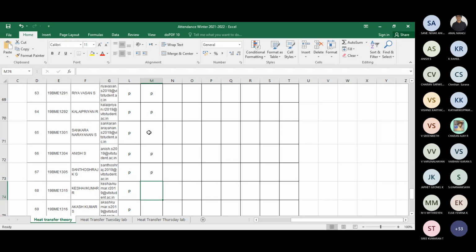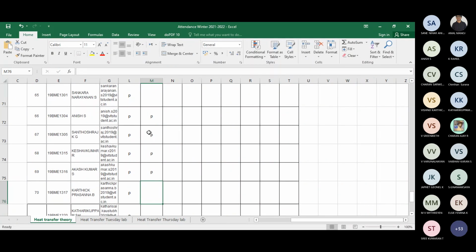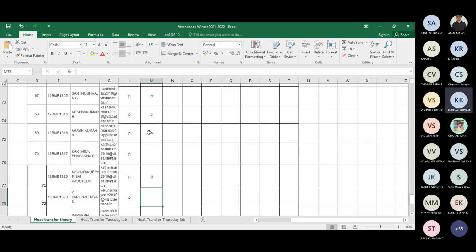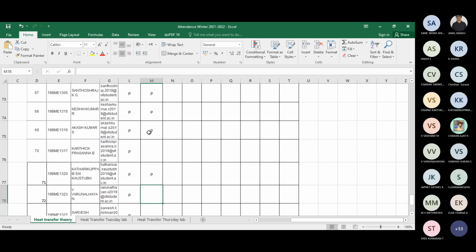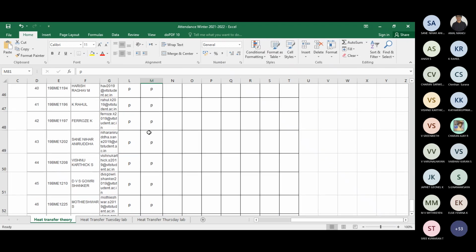Keshav Kumar, present, sir. Sai Kaustubh, yes, sir. Varun Ahalyan, present, sir. Sarvesh Krishnan, present, sir. Elsie Femina, present, sir. Amal, present, sir.